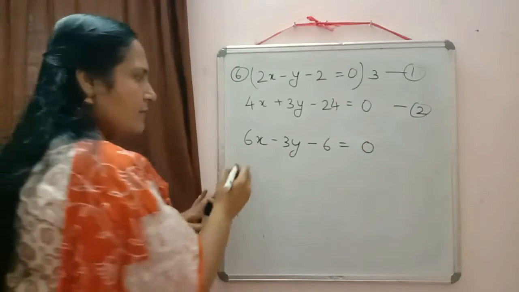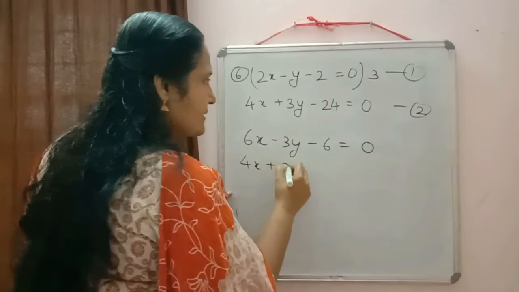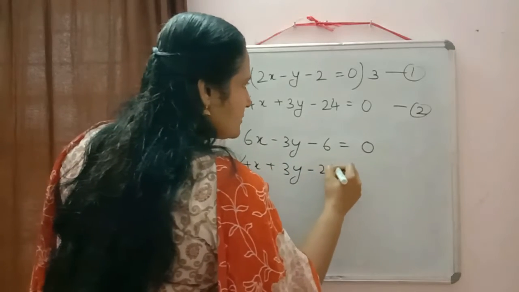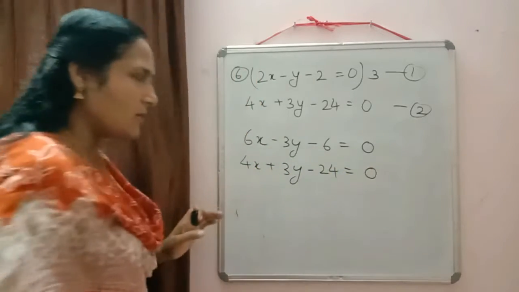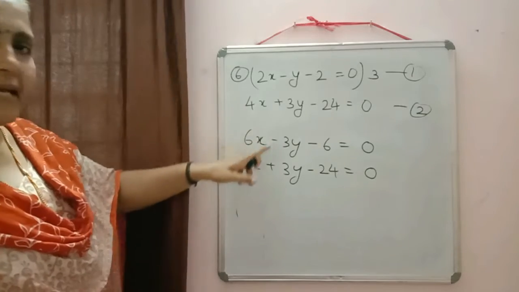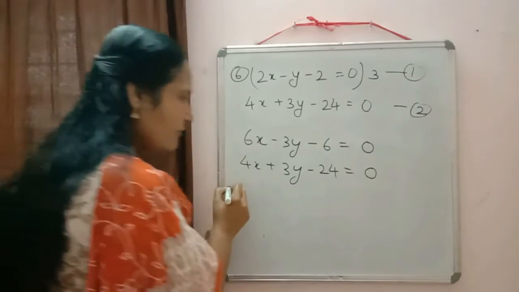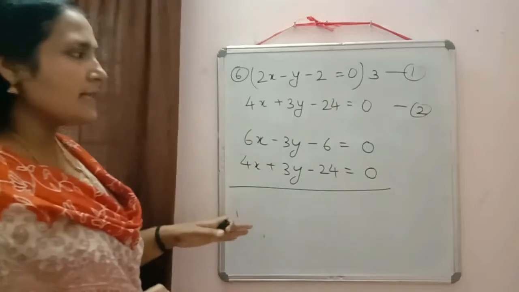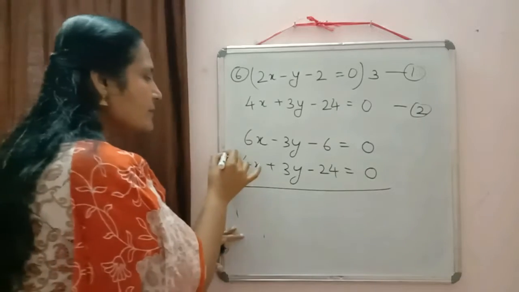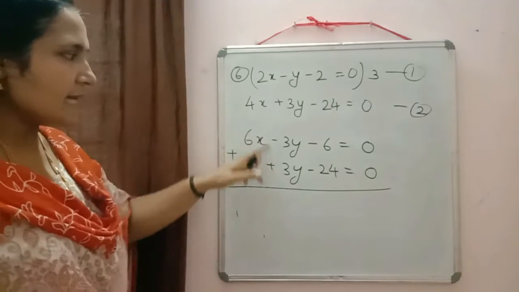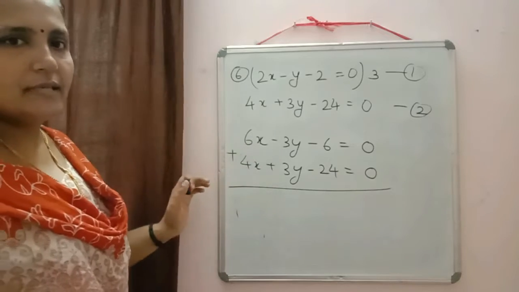Second equation we don't have to multiply: 4x plus 3y minus 24 is equal to 0. You can check the sign is different there. So instead of doing the subtraction, to cancel that, we will add the two equations there. If the sign is same, then only we have to do the subtraction.